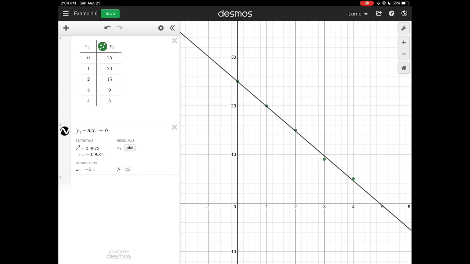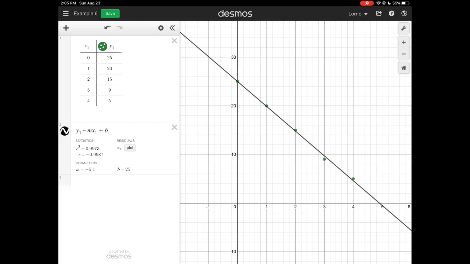So let's turn that on, and wow, you can see that the data fits this line very, very well. We can see that we have a correlation coefficient R of negative 0.9987. That is super close to 1. And so this is definitely a strong model, and negative because the slope is negative.